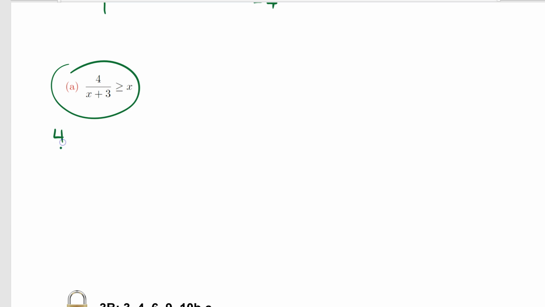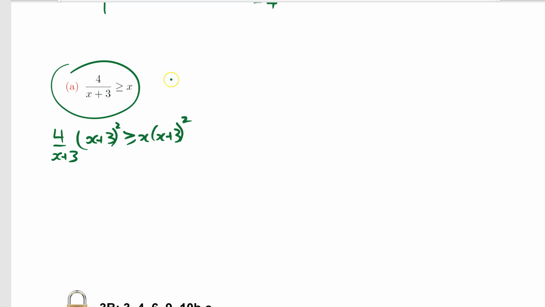I won't do the whole process, but we could have this multiplied by x plus 3 squared greater than or equal to x times x plus 3 squared, and then we could try and solve it. But what we'll end up with on the right-hand side is a cubic, and on the whole, we haven't got any method of dealing with a cubic just yet. That will come in polynomials.